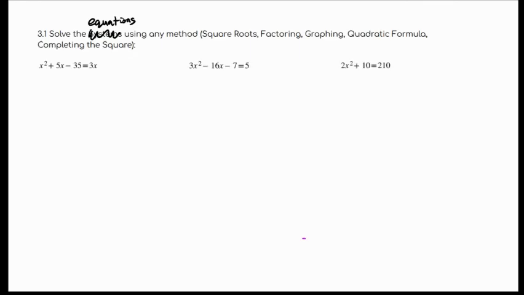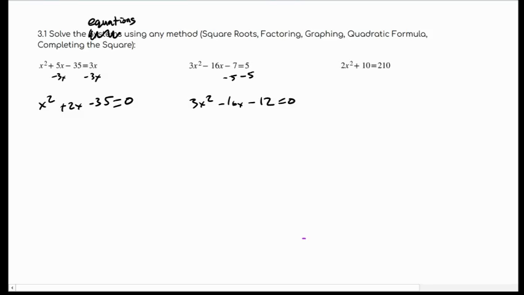For this first one, I'm going to subtract 3x to get x squared plus 2x minus 35 equals 0. The second one, I'm going to subtract 5 from both sides to get 3x squared minus 16x minus 12 equals 0. And this one, I'm going to subtract 210 from both sides: 2x squared minus 200 equals 0.